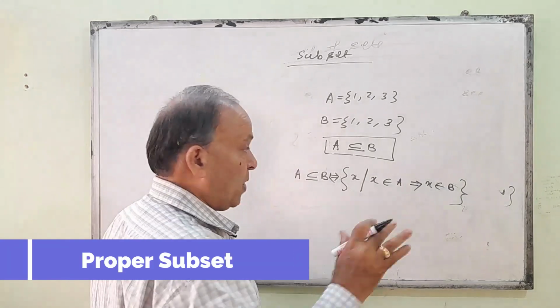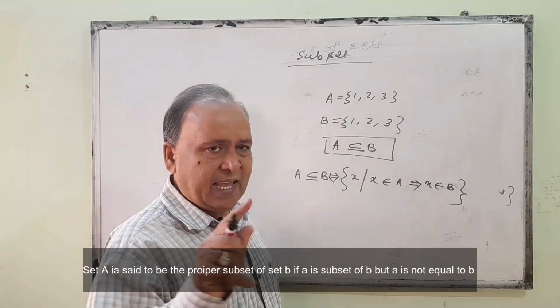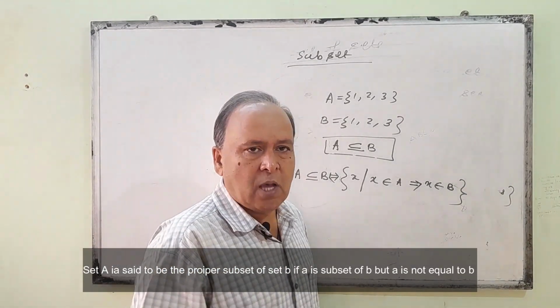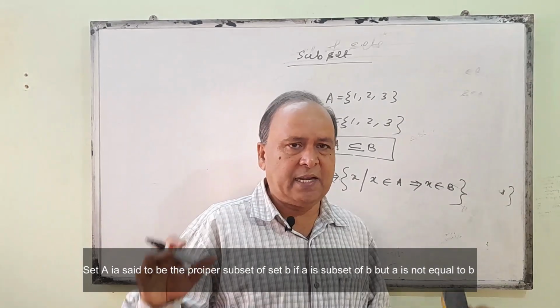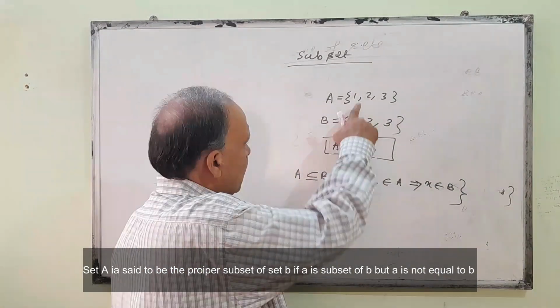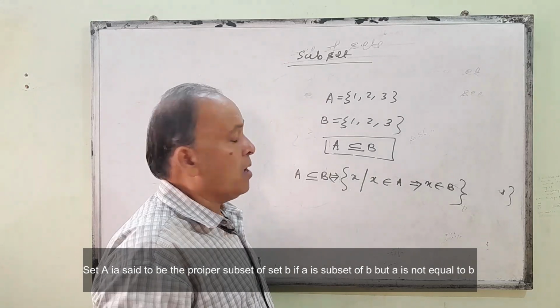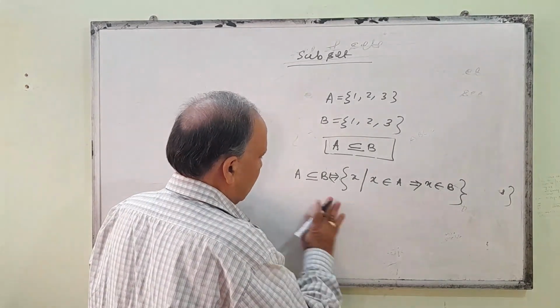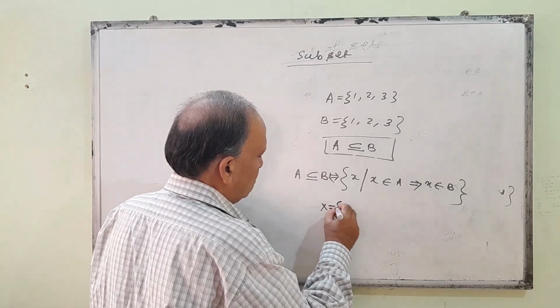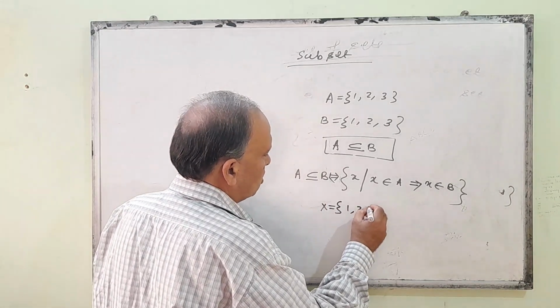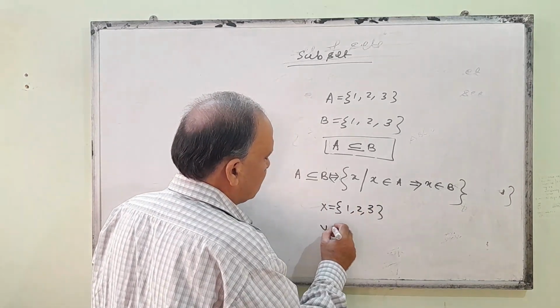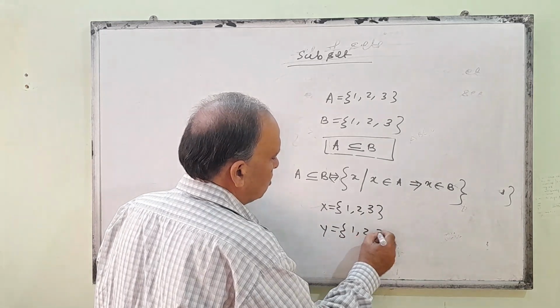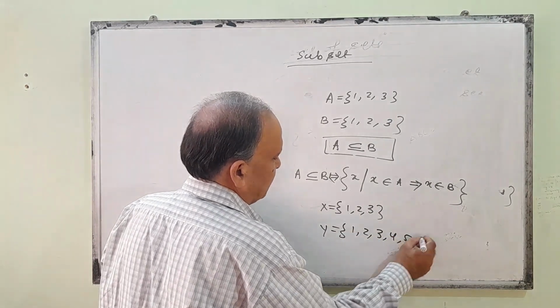What is a proper subset? Set A is said to be a proper subset of set B if A is a subset of B but A is not equal to B. Suppose X is equal to {1, 2, 3} and Y is equal to {1, 2, 3, 4, 5, 6}.